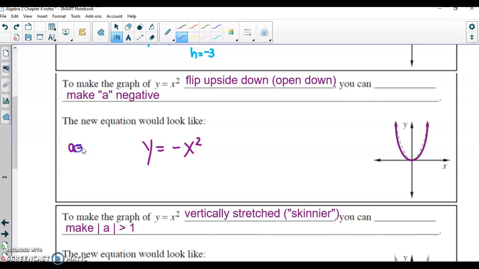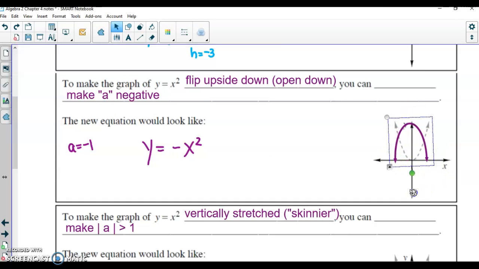This means a would be negative 1. My graph would be flipped upside down about the vertex (0, 0). It just completely flips this graph upside down. The vertex does not change. So if a is negative 1, it flips the graph upside down.